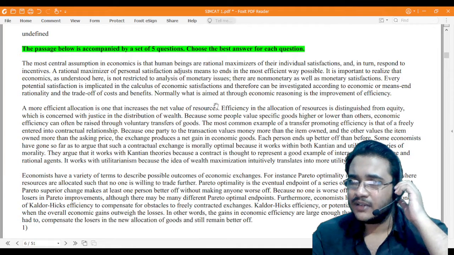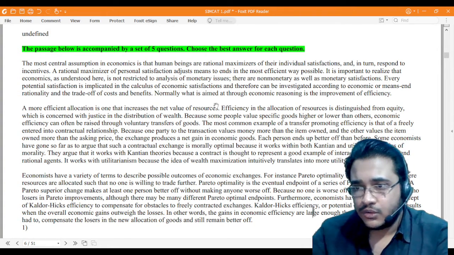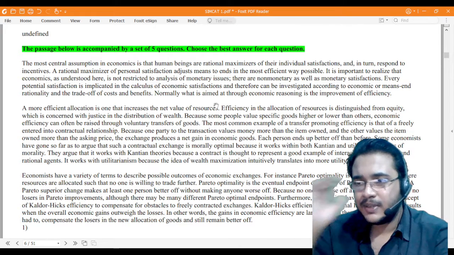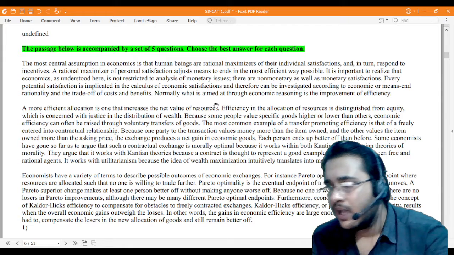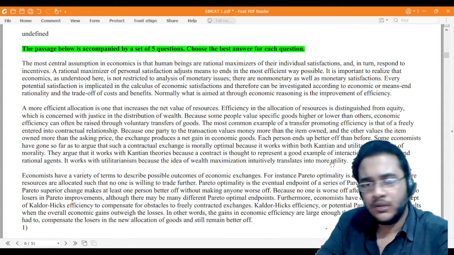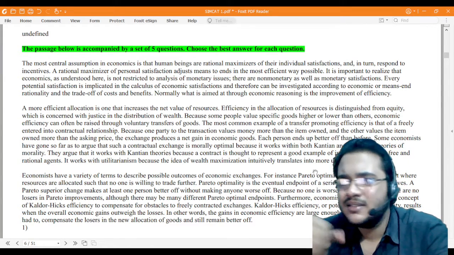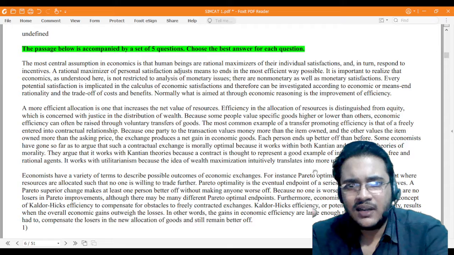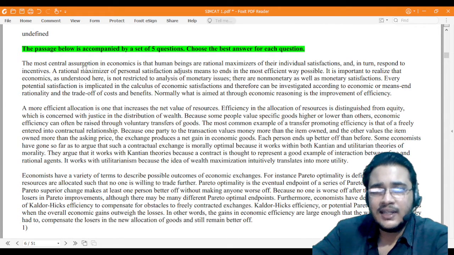In the first paragraph also I'm not seeing any jargon. If I quickly glance at the third or last paragraph, I can see Kaldor-Hicks efficiency. I can also see something called Pareto optimality. So these are not jargon. So 3 paragraphs, language is readable. Not really that easy, but readable.